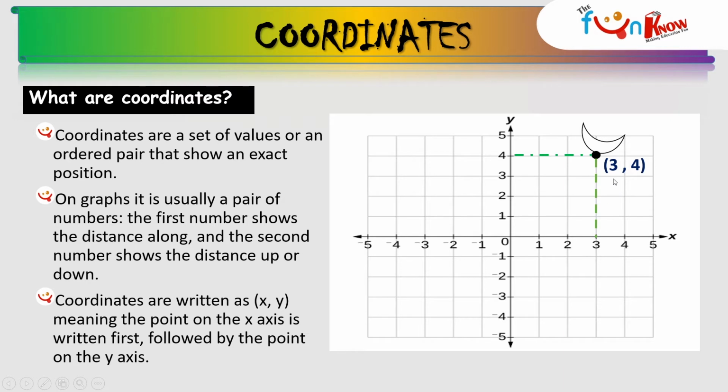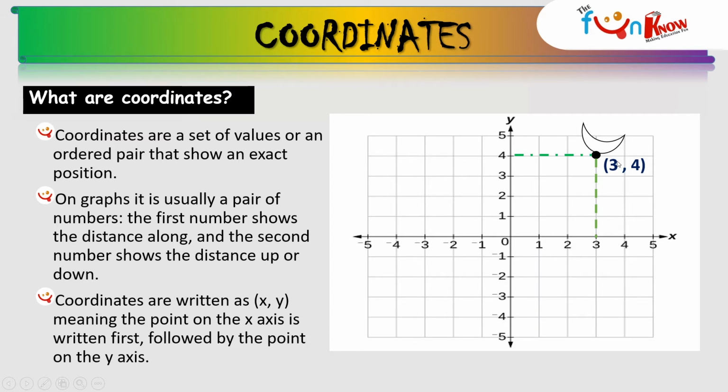Means 3 will be measured from here, along, and 4 will be measured from here on this line, that is the distance up or down. In simpler words, this line which we are talking about, the distance along, or the horizontal line, is also known as the x-axis and the vertical line is known as the y-axis.